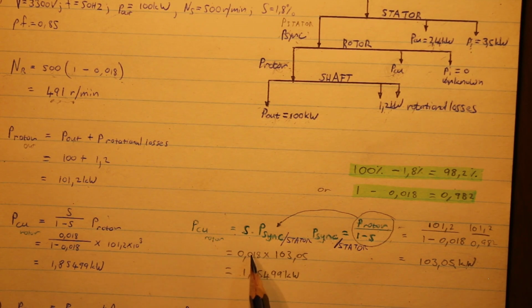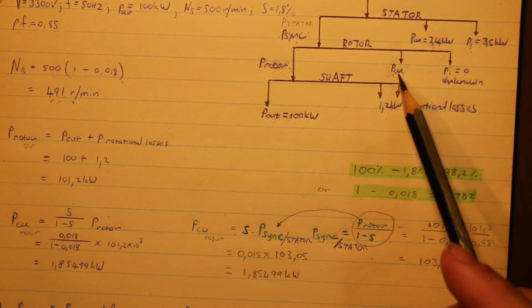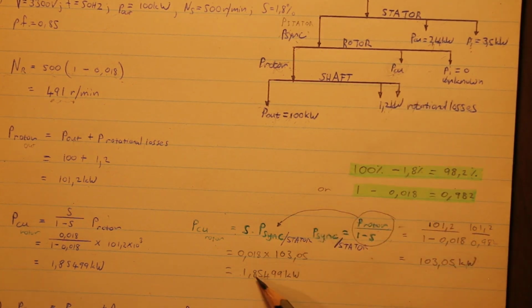So it's 0,018 times 103,5, and you get only 1,85499 kilowatts. So that there now is your copper loss of the rotor. So 1.85 kilowatts is what's lost in the copper.